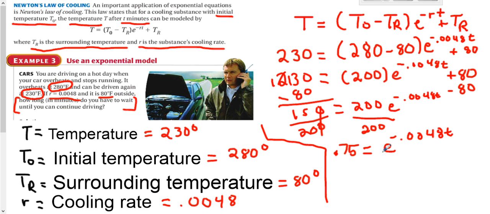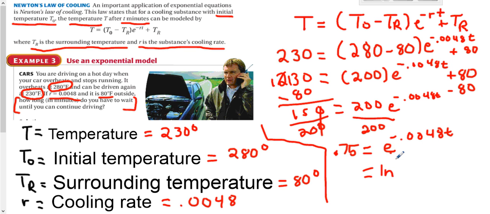Now I look at this and I'm going, okay, when I have an exponential, I try to look for equality first. 0.75 and e, I can't write to the same base, so I'm going to have to take the logarithm of both sides. Because my base is e, the logarithm base will be e as well.